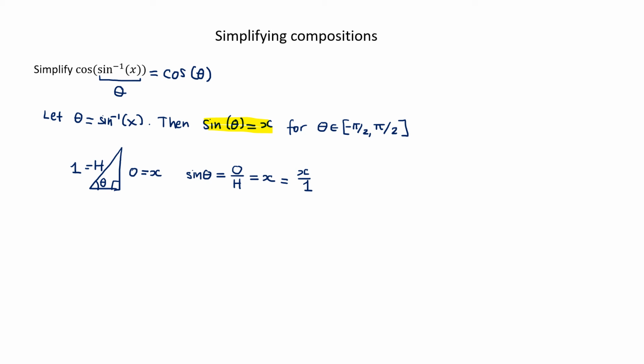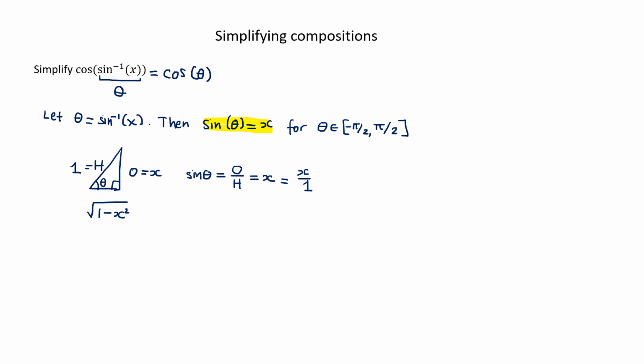Great, and so we have 2 sides out of 3 for this triangle. We can use the Pythagorean theorem to find the missing one. We're going to take the square root of the hypotenuse squared minus our side length squared. So we get the square root of 1 minus x squared.